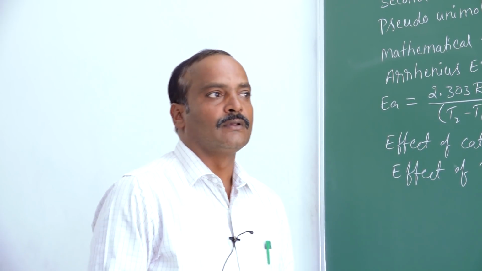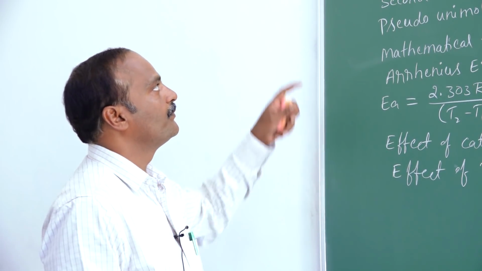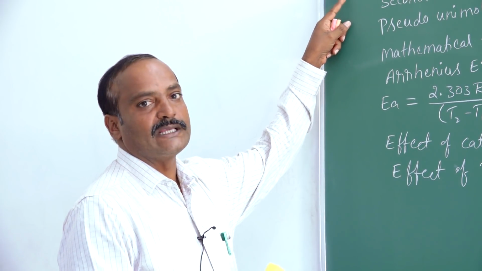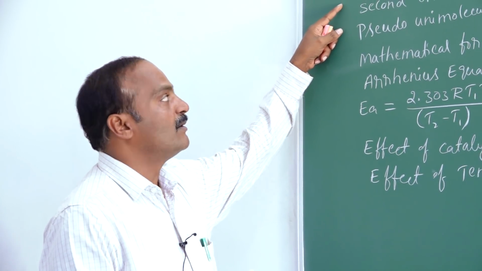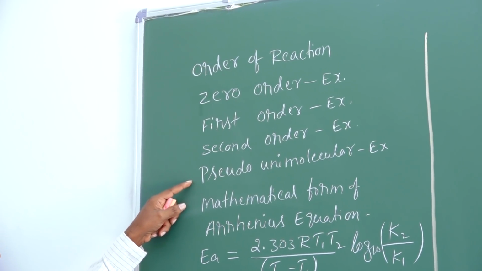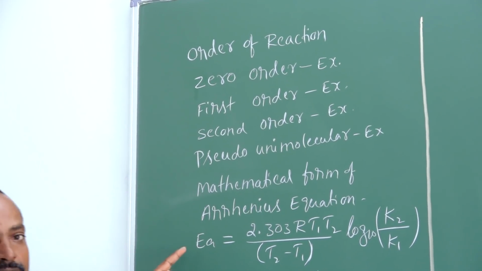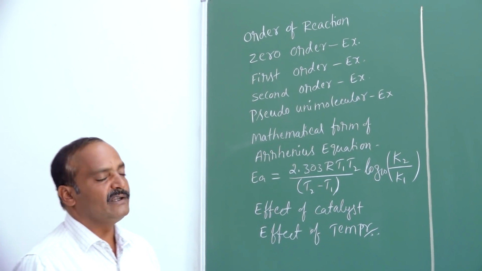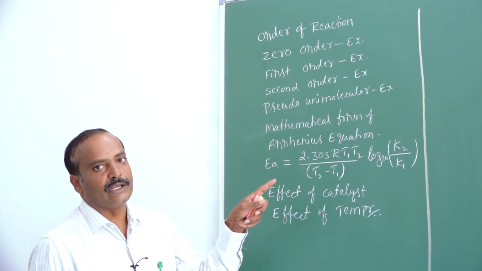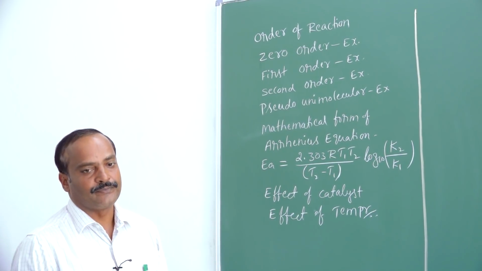Today I am going to discuss a new concept: order of reaction, zero order reaction with example, first order reaction with example, second order reaction with example, pseudo unimolecular reaction with example, then derivation of the mathematical form of the Arrhenius equation, Ea = 2.303 R T1 T2 / (T2 - T1) log10 (K2/K1), then effect of catalyst and effect of temperature.